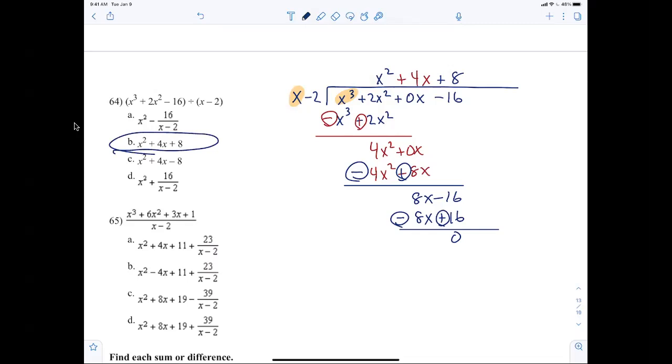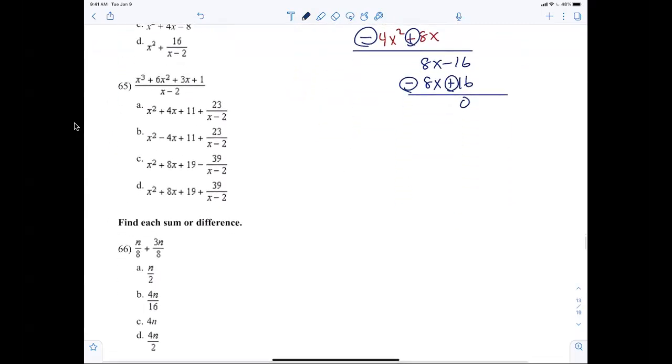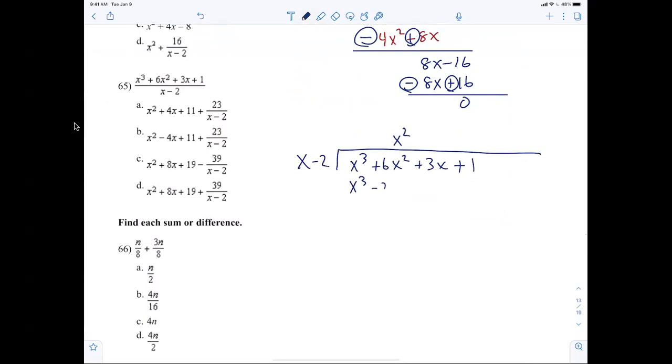All right, here we go. One more. x minus 2. Okay, so when you divide, you get x squared. Change the sign. Divide again.